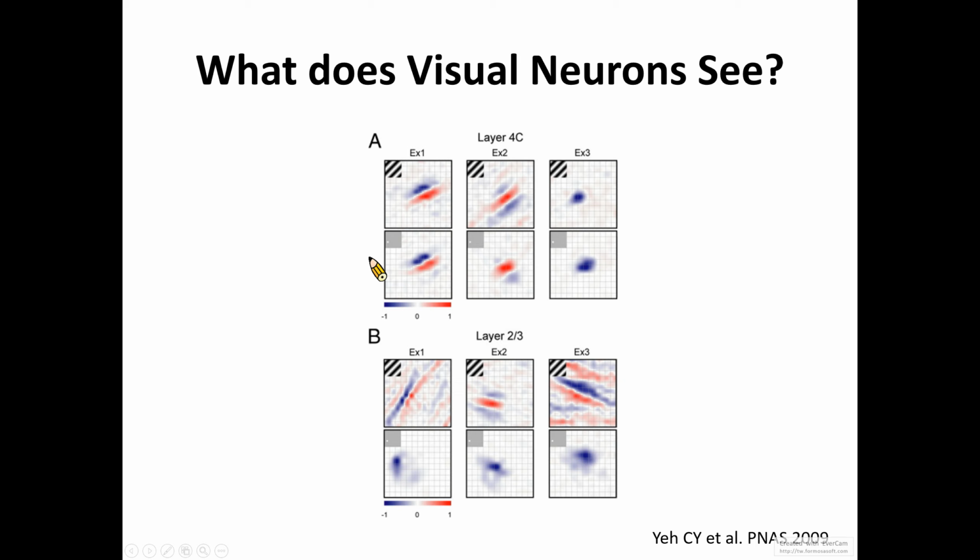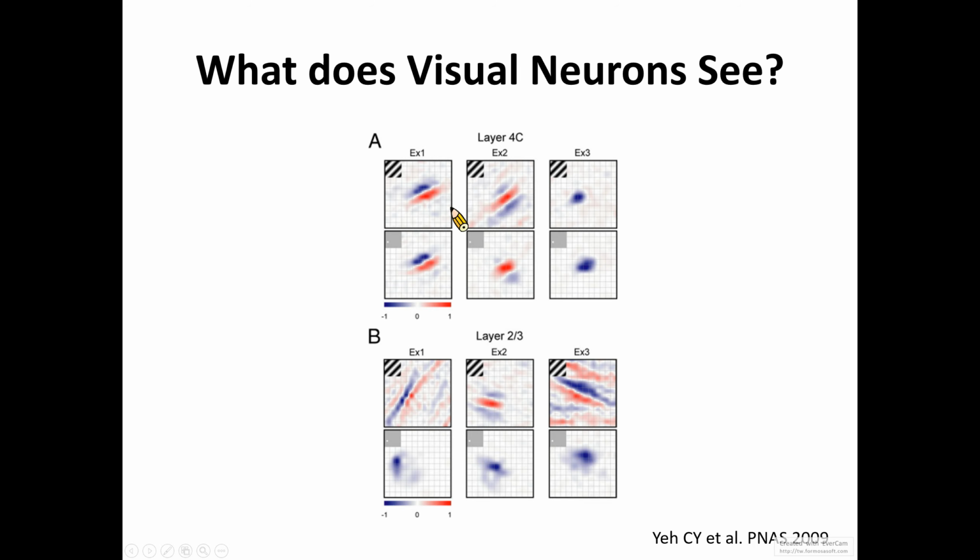This concept is actually very close to visual research in animal models. For example, this is a paper published by Dr. Ye in PNAS in 2009. You can see in the upper left corner the visual stimulus given to a primate. You can also see the actual recordings of the visual cortex show a certain processing of this information. The shape is very similar to what we see.